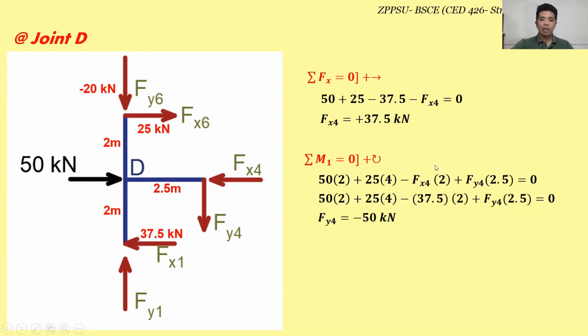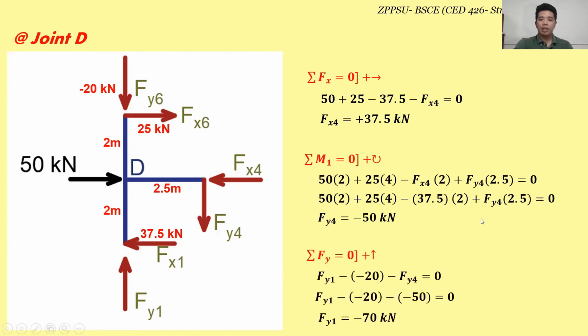So fx4 times 2, yung lever arm niya, ito, perpendicular distance, plus fy4, iikot siya ng positive, fy4 times distance perpendicular is 2.5. All in all equal to 0. Simplifying further, fy4 is equal to negative 50 kilonewtons. And lastly, sum of forces along vertical axis equal to 0.